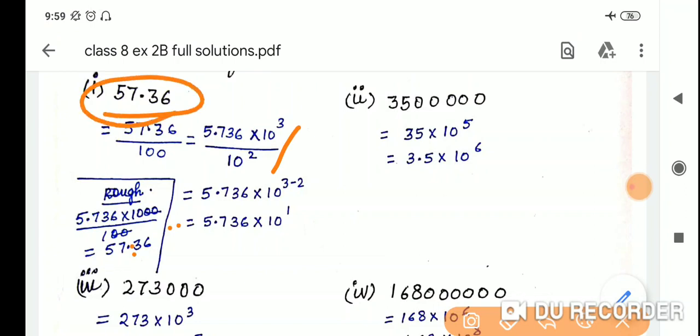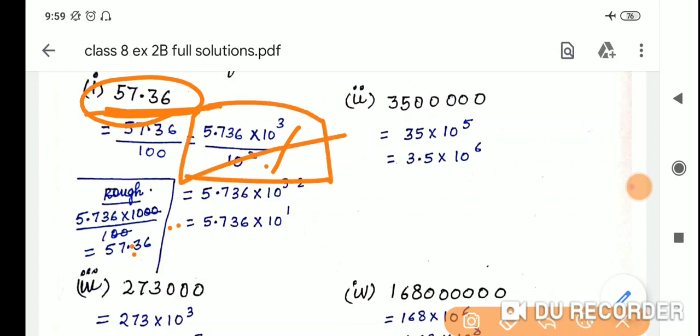So this or this, they are equal. We can write it like this and also like this. This is the question of writing it in standard form.